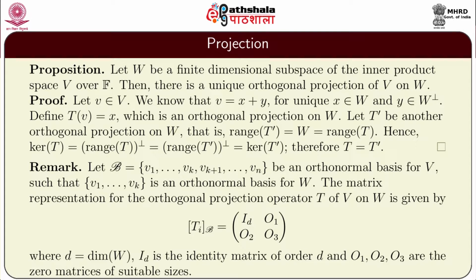Define Tv equal to x, which is an orthogonal projection on W. Now, let T dash be another orthogonal projection on W, that is, range of T dash is equal to W, which is the same as range of T.